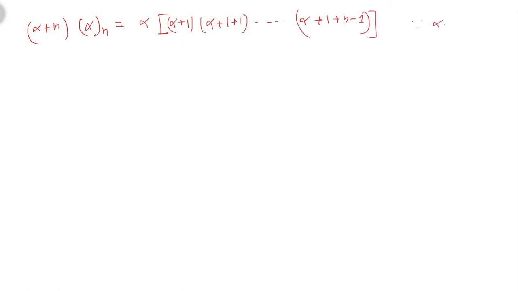Since alpha plus n is equal to alpha plus 1 plus n minus 1, this plus 1 and this minus 1 get cancelled.